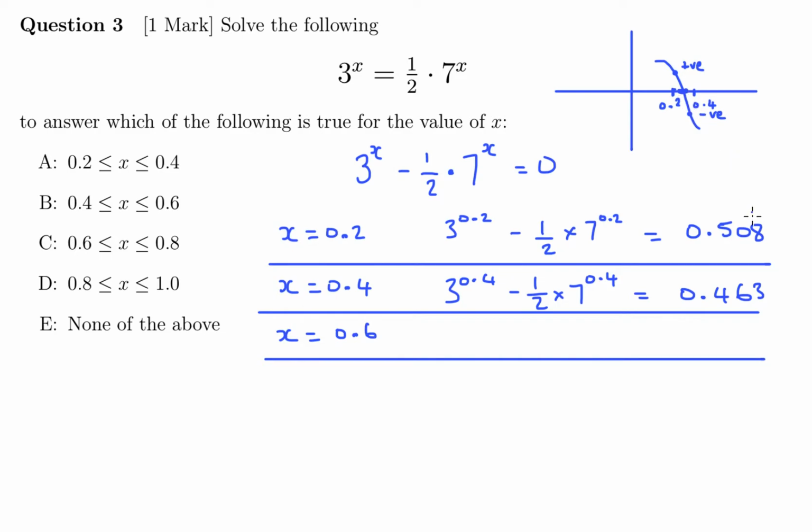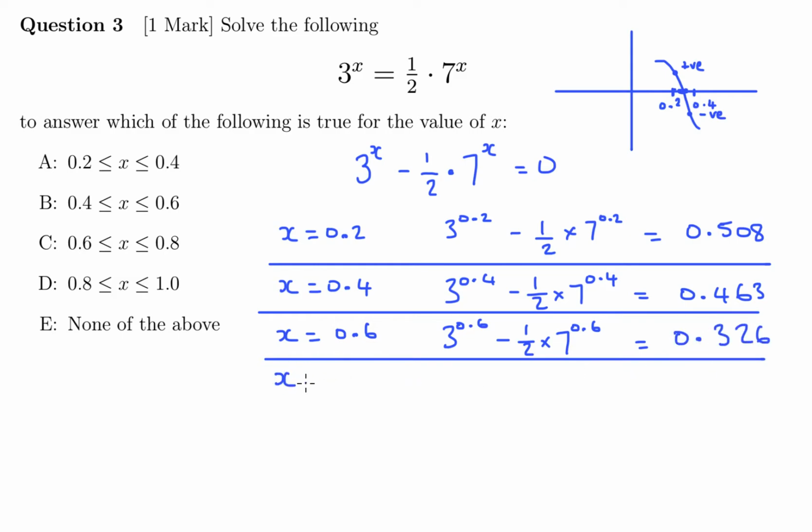We need to wait until we cross over past the 0 and into a negative number. So the next one, 0.6, gives me 0.3. So we're not there yet.